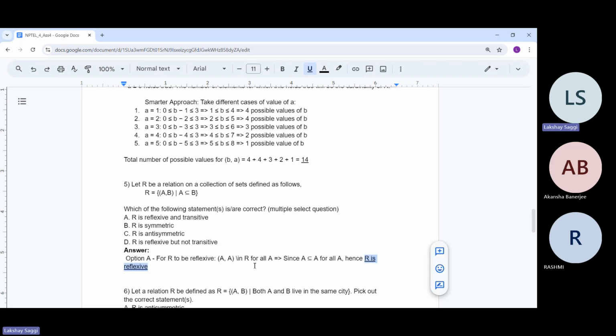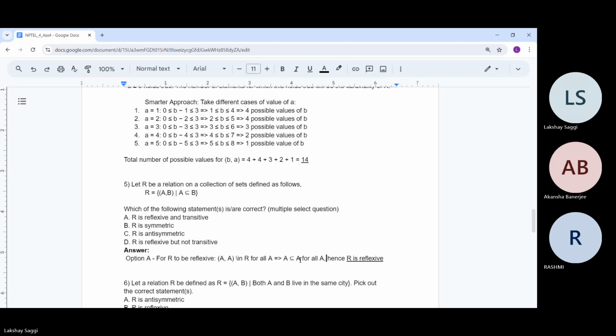For (A, A) to be in R, A should be a subset of A, which is actually true. And hence R is reflexive.